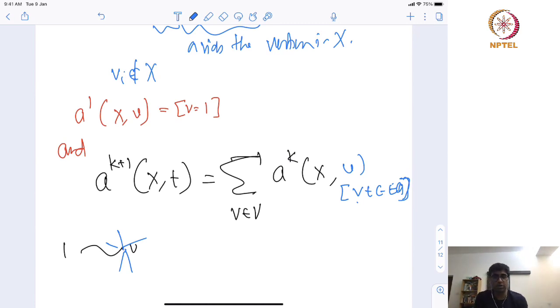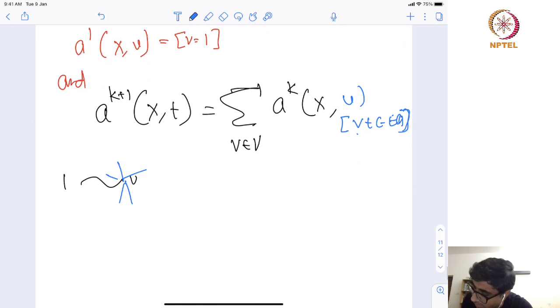So, you first compute length 1, A_1(x, v) for every vertex, then A_2(x, v) for every vertex, then A_3(x, v) for every vertex, and so on and so forth. And this is how you can count all the walks starting from 1 up to the given length. You can also do this using an adjacency matrix, but we will not talk about that.